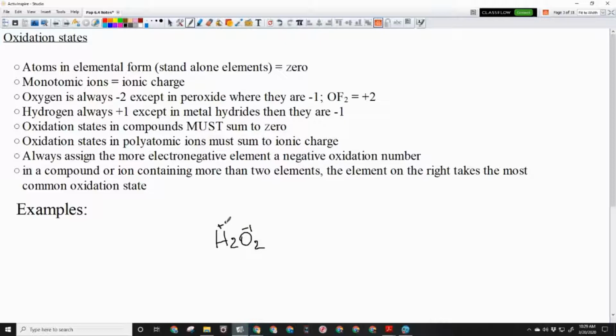Here the hydrogen's going to be a +1. But for example, when it's in water, this is not a peroxide, this is oxygen, so it's going to be a -2. Now, also you'll sometimes see oxygen where it's not the second element, it's the first element, like we see here.